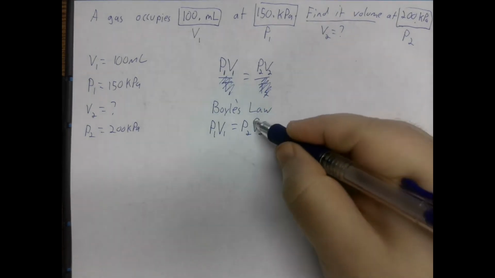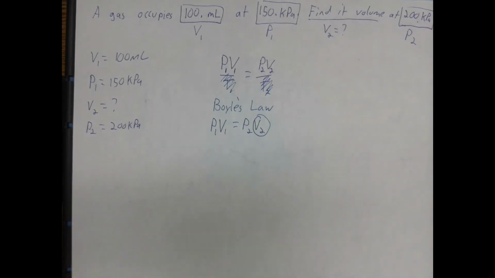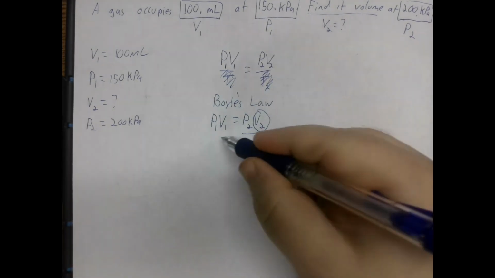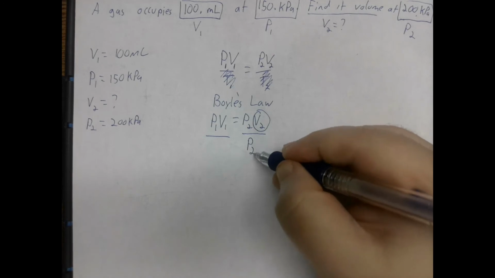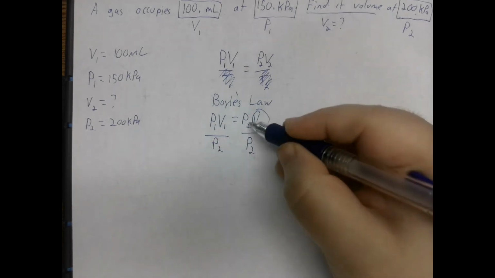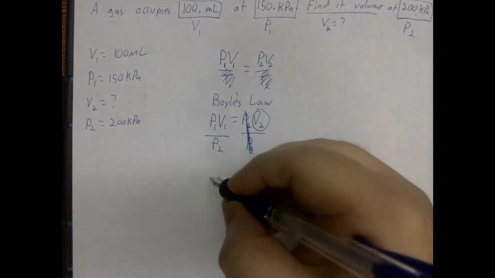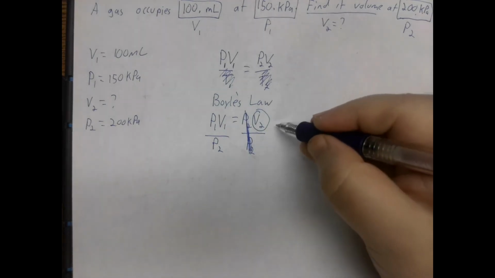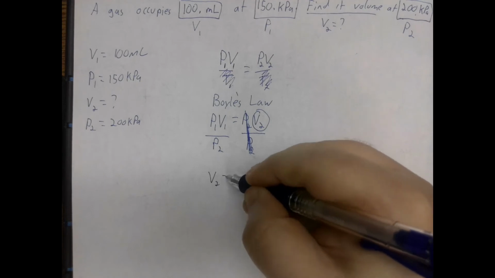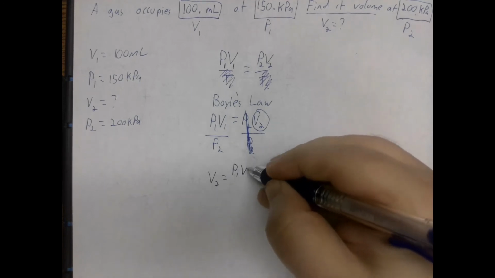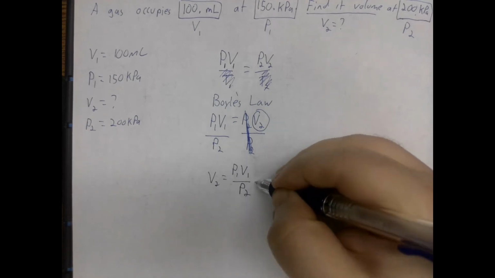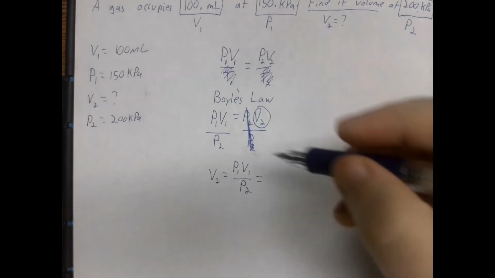And we're solving for V2. To solve for V2, we would divide both sides by P2. P2 divided by P2 cancels each other out on the right. And so we're given that V2 is equal to P1 times V1 divided by P2. Now we can just plug numbers in.